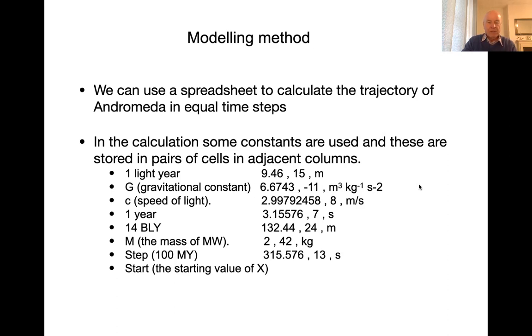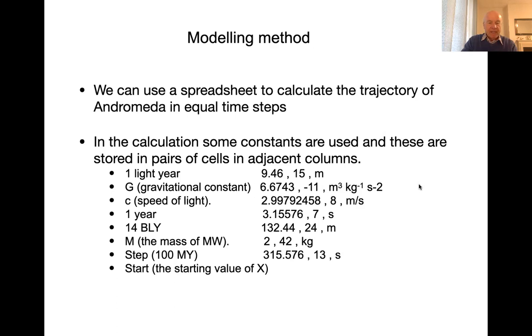And I also keep good track of the units, because the gravitational constant G, measured in meters cubed, kilogram to the -1, second to the -2, means that all the other variables and constants have to be in meters, kilograms, and seconds.